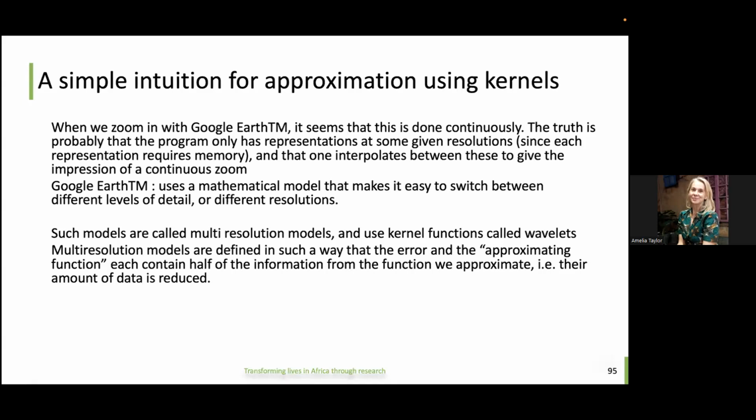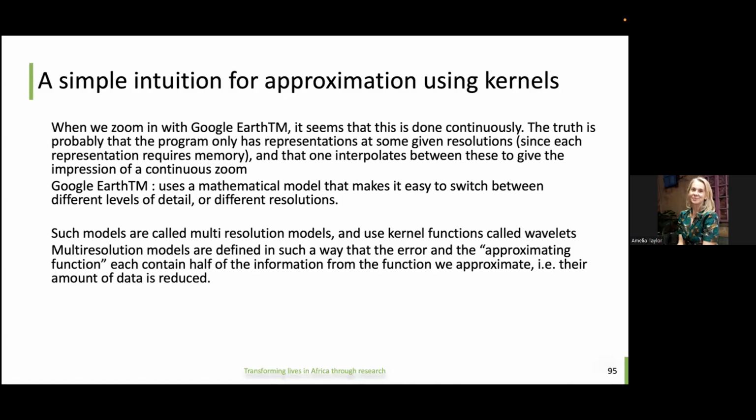Okay, I think I should finish with this as an intuition for approximation using kernels. So this is a bit like zooming into an image, right? If you use Google Earth and you're zooming in and out, how does the zooming give you the impression of things being continuous?